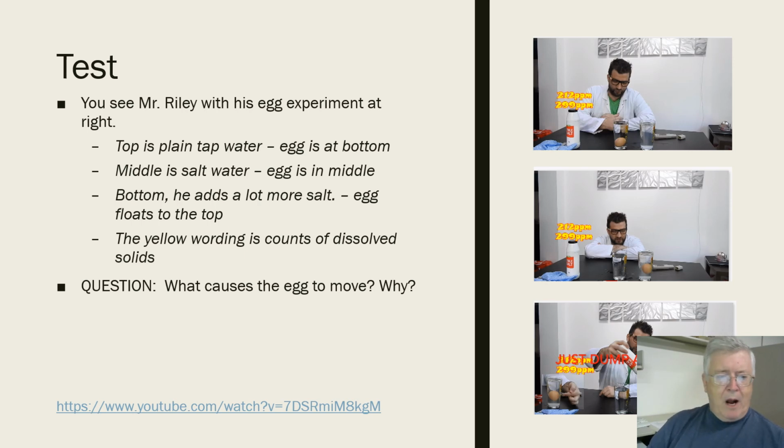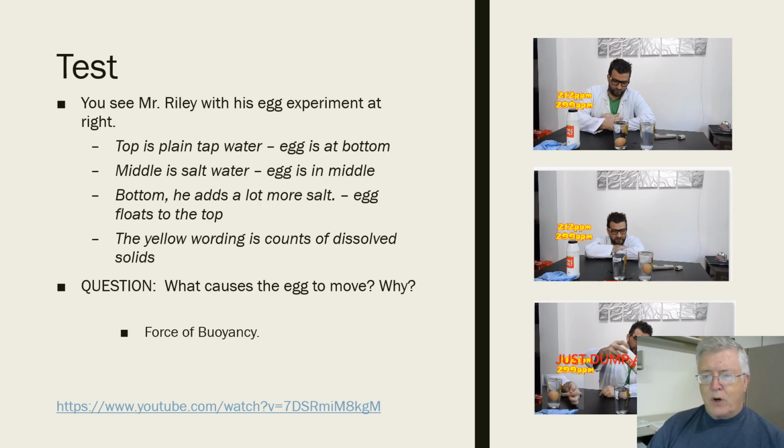So did you figure out what causes the egg to move and why? What causes the egg to move is the force of buoyancy. Remember that Newton's second law says we can't have any motion unless there's a force. There has to be a force.